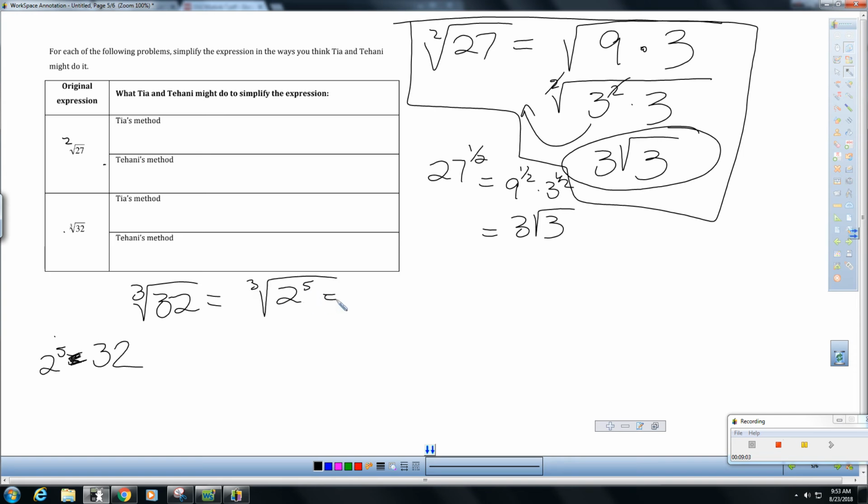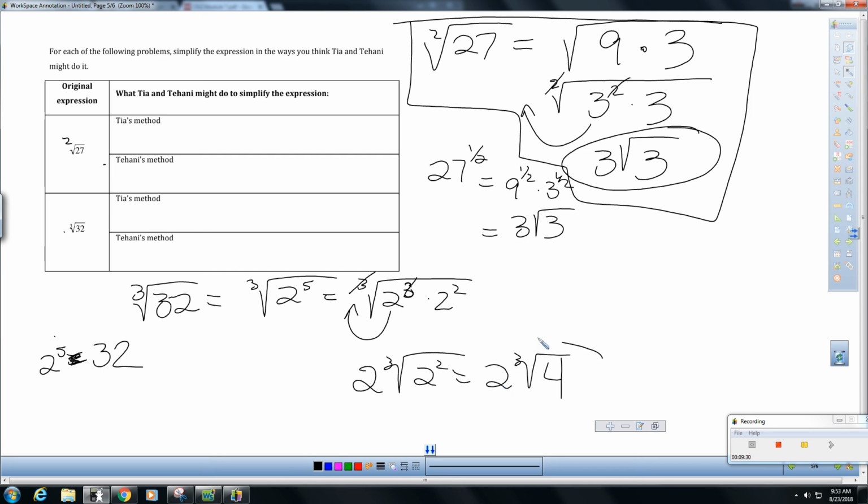Well, we can write 2 to the 5th, if you know our exponent rules, as 2 cubed times 2 squared. Why did I choose cubed? Because those are going to cancel. Boom, pull it out. You get 2 times the cube root of 2 squared, or 2 times the cube root of 4. So that is how you simplify that.